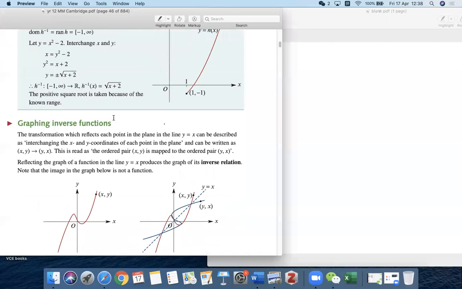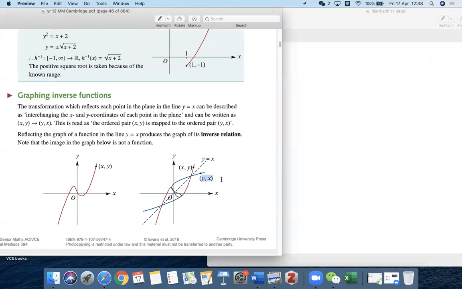Now the next one is graphing the inverse functions. So how do we redo the graph? This is pretty easy because we switch the x and y. This is read as the ordered pair (x, y) is mapped to the ordered pair (y, x).